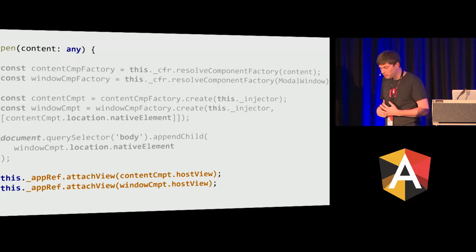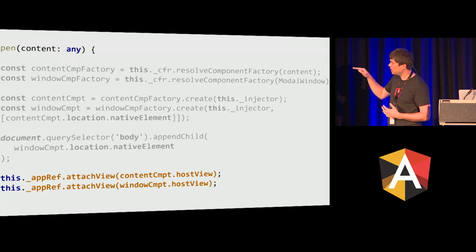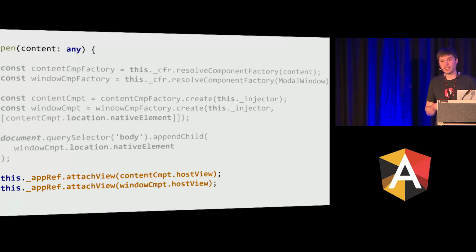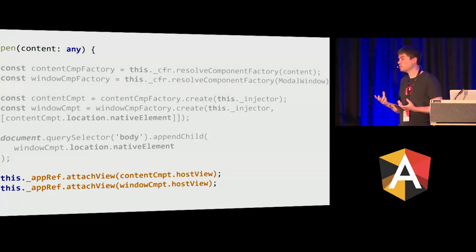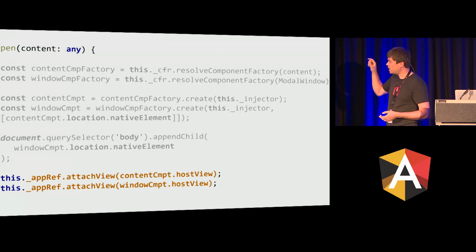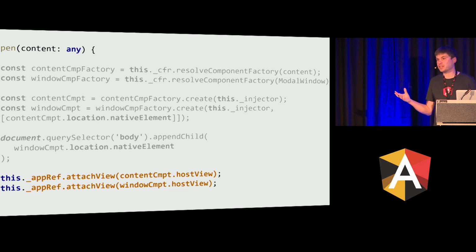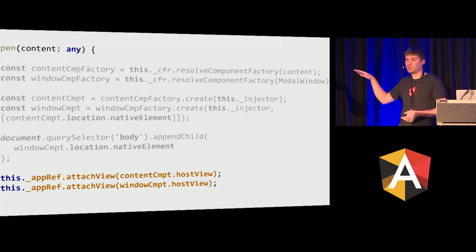So the application ref has two methods called attachView and detachView. What attachView allows me to do is to say, hey, make sure that this view, this bunch of nodes, is part of the change detection loop in Angular. So every time something happens and Angular 2 runs change detection, make sure that you run change detection on this view as well, right?